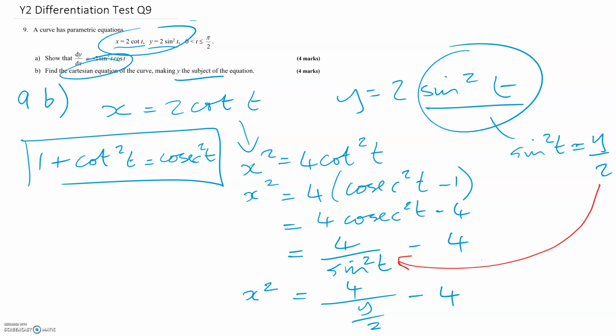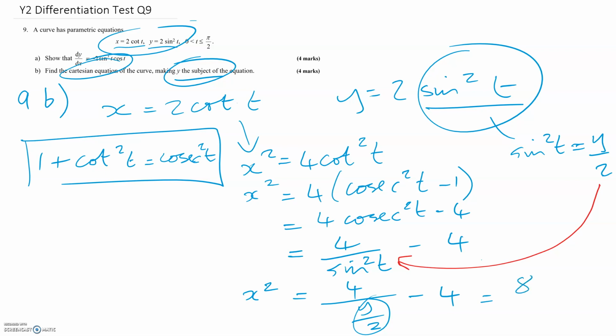It just doesn't look very nice at the moment, and also y isn't the subject. So let's tidy this up a bit. Dividing by y over 2 is the same as multiplying by 2 over y.